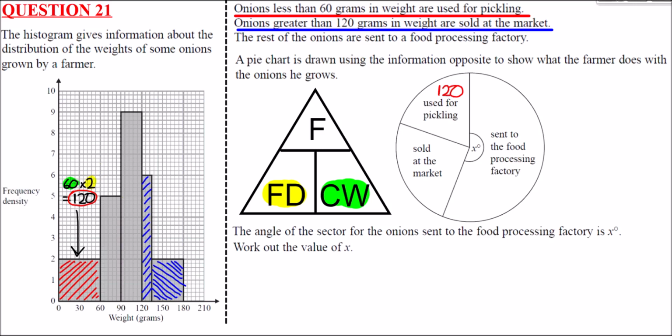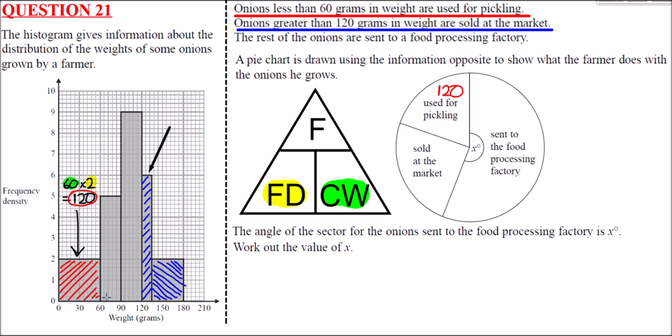For these ones here, we can employ the same idea. So this one, this is where you need to be counting these little squares. So how do we do that? Well, I just pick a bar which is easier to read. For example, this bar here goes from 60 to 90, and it goes from 60 to 90 in 1, 2, 3, 4, 5 squares.